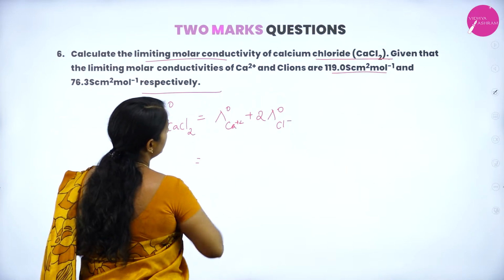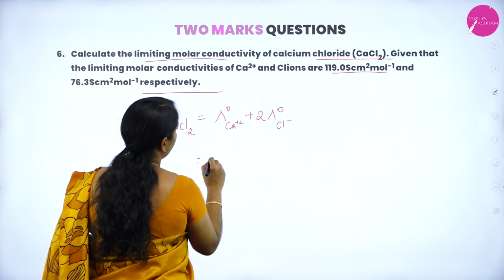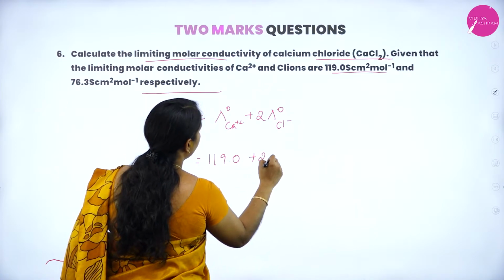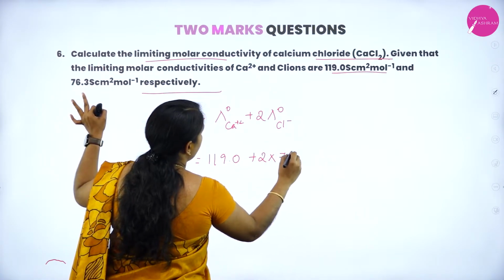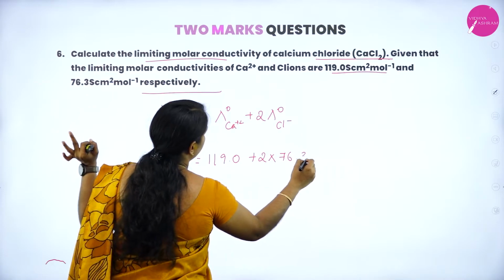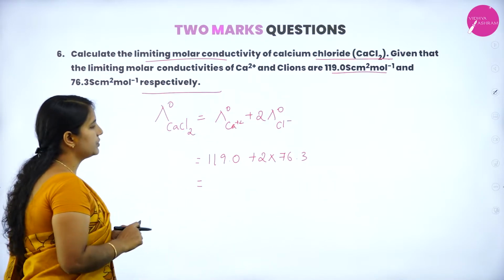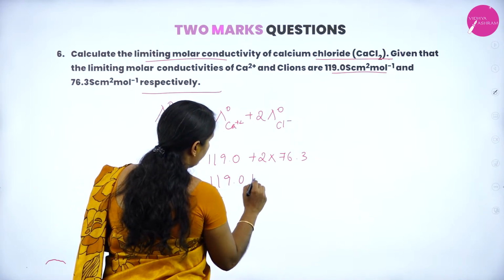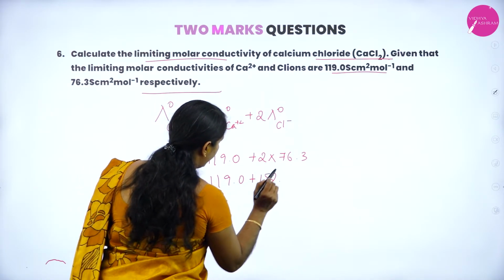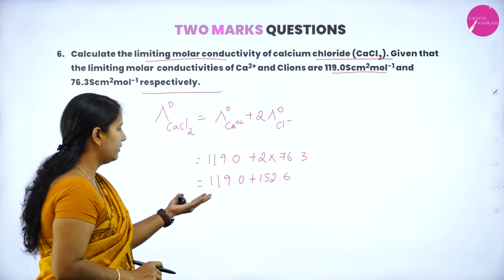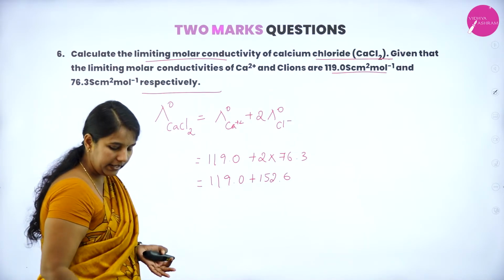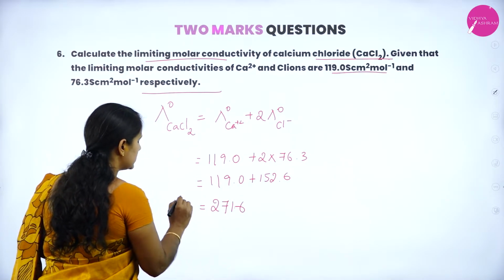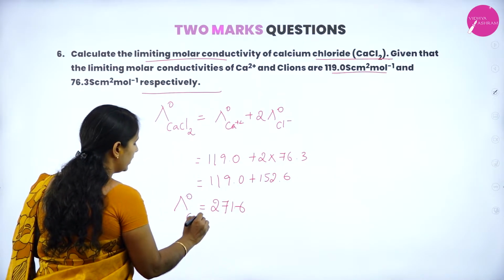So the calcium limiting molar conductivity they have given is 119.0 plus 2 into 76.3. If you do the simple calculation, you will get 2 marks. So it is 119.0 plus 152.6. If you add 152.6 with 119, you will get 271.6. This is the limiting molar conductivity of calcium chloride.